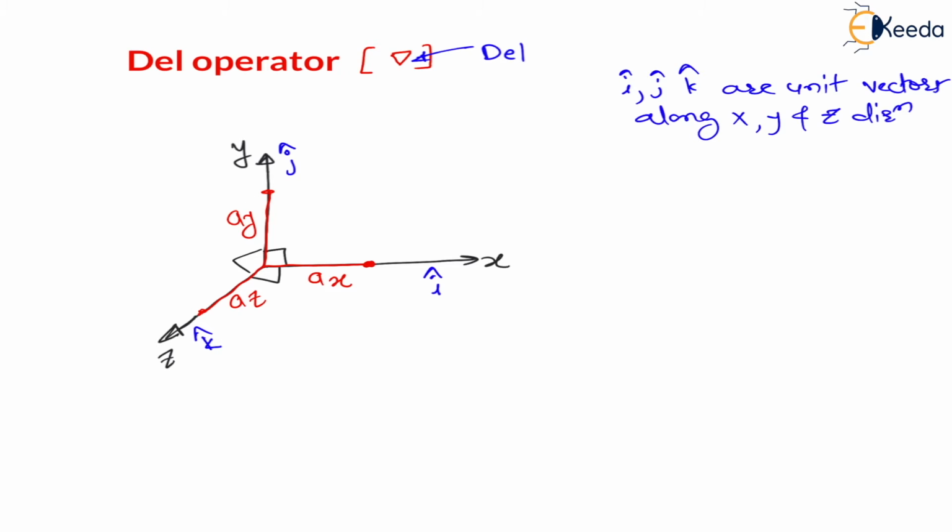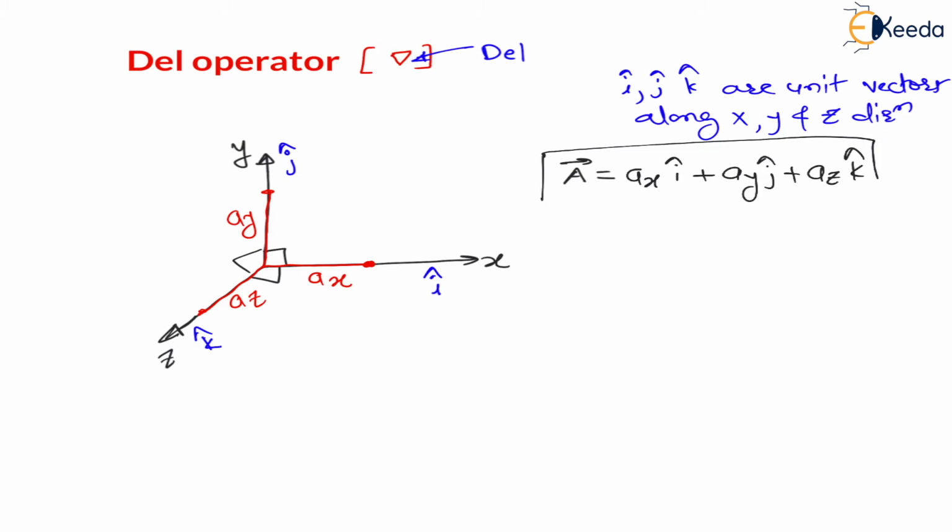Therefore the displacement vector, let us say if I represent it with a, is my displacement vector, right? But here the displacement along the x-axis is ax, and the unit vector is i cap. Therefore it is written as ax i cap plus ay j cap plus az k cap.